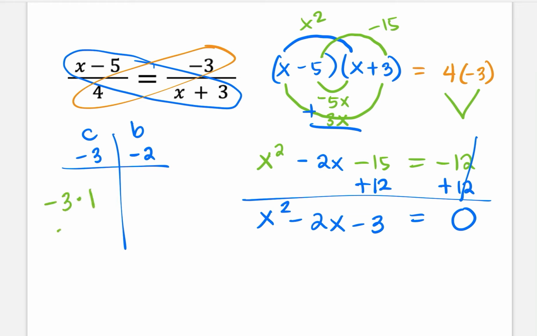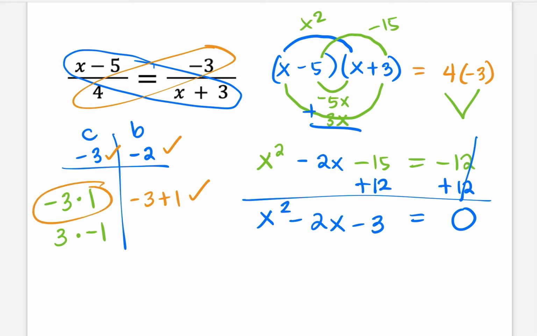We could also do 3 times negative 1. We're going to select which one would give us a negative 2 when added together. So negative 3 plus 1 gives us negative 2. So it gives us the b value, and when multiplied together, it gives us our c value. So this is what we're looking for.